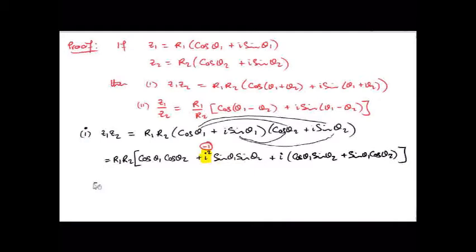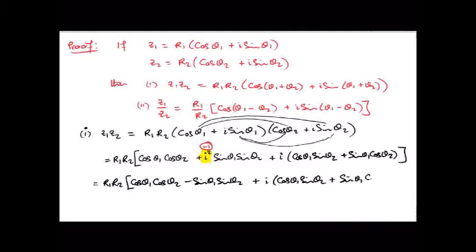So that means the next line is going to be r1 r2 into cos theta 1 cos theta 2 minus sine theta 1 sine theta 2, plus i into cos theta 1 sine theta 2 plus sine theta 1 cos theta 2. Is that okay all around? Alright, so I've just multiplied out two brackets. I haven't done anything fancy here. Just multiplied out two brackets.